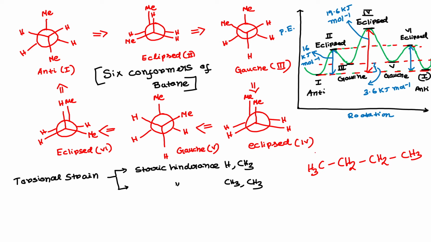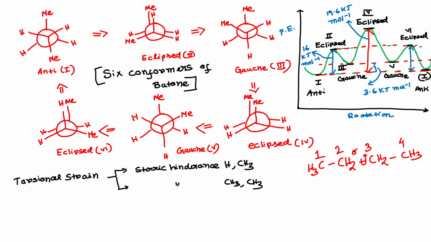So this is C1 carbon atom, this is C2 carbon atom, this is C3 carbon atom, and this is C4 carbon atom. We are interested in the conformers formed due to the rotation around this C2-C3 sigma bond.